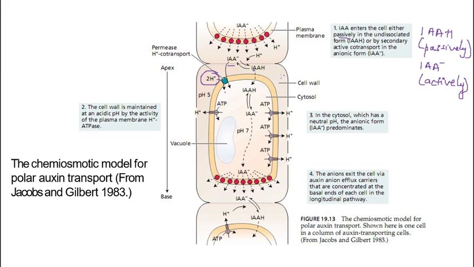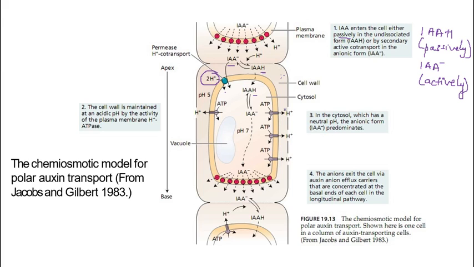Again, through IAAH, hydrogen also enters the cell. If more and more H plus always enters inside the cell, a stage will come when there will be a lack of H plus in the apoplastic region, the pH will rise up, and it will cause a disbalance in the plant metabolism.